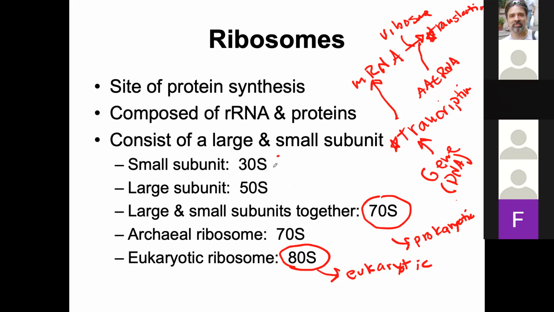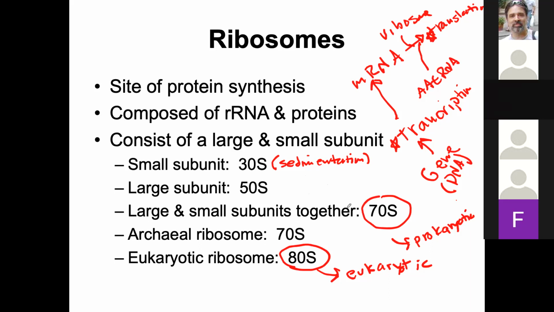This is a sedimentation coefficient, and this is how fast the thing gets to the bottom of a centrifuge tube when it's being spun. And that has to do not just with mass, but with shape. So that's why you can't just add these up together and get the total S designation.